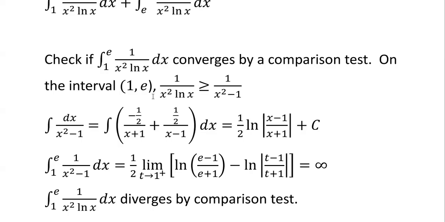How in the world did I get that, though? Well, what is ln of 1? That's 0. What's ln of e? That's 1. So this natural log is increasing from 0 to 1, okay? So some number between 0 and 1 is being multiplied to x squared. Okay? That's number 1.